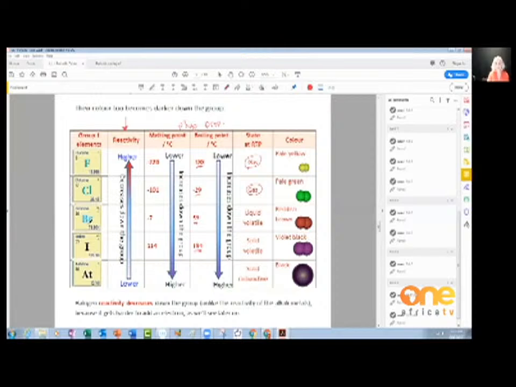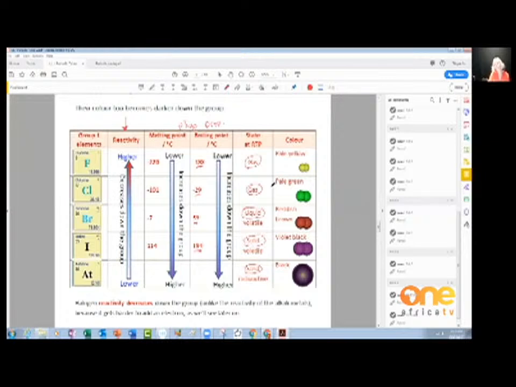Bromine though is a liquid at room temperature. And iodine is a solid. And of course, as we go down the group, we would expect astatine to also be a solid, and also the next one, tennessine, must also be a solid.